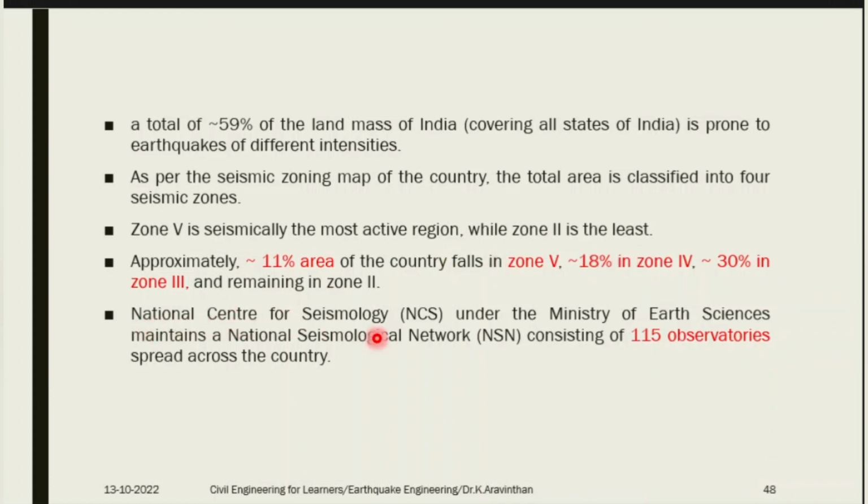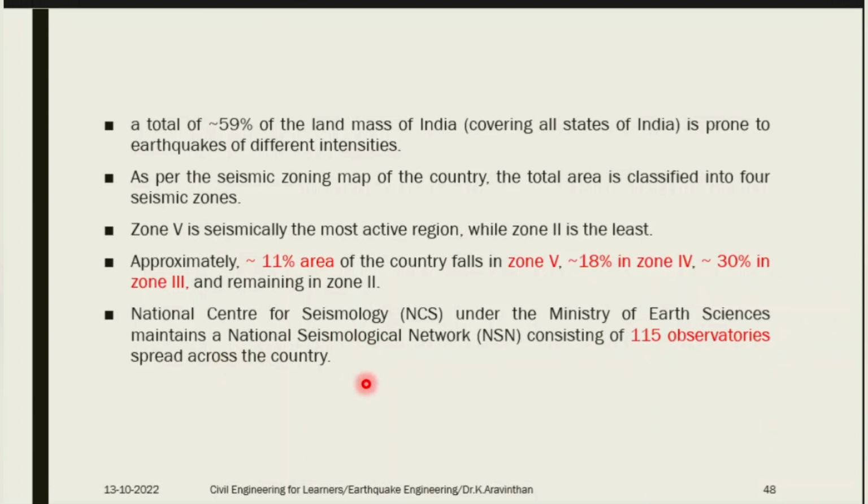The National Center for Seismology, that is NCS, is a center under the Ministry of Earth Science. Just like in the Constitution of India you have different ministers, the Ministry of Earth Science has a separate minister. Under them, the National Center for Seismology manages the National Seismological Network and 115 observation centers spread across the country.